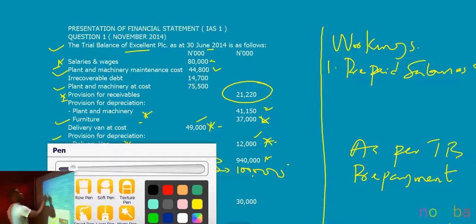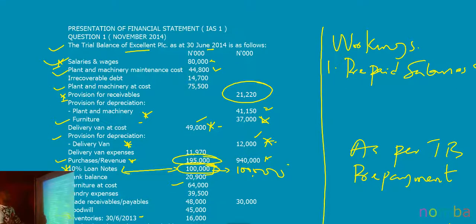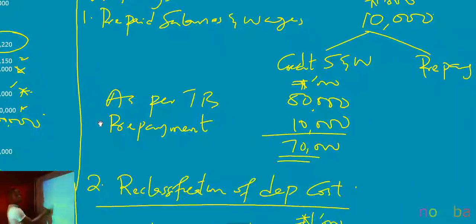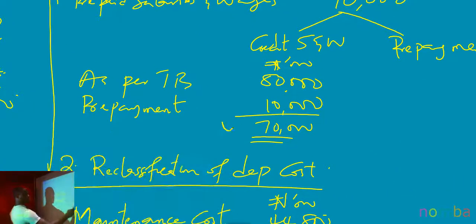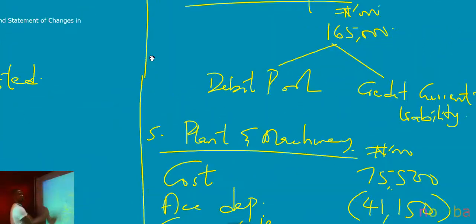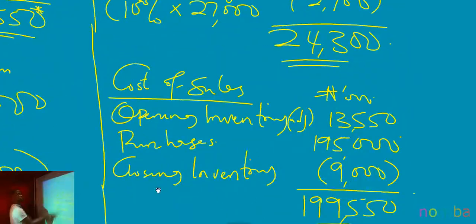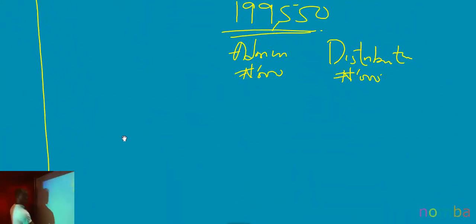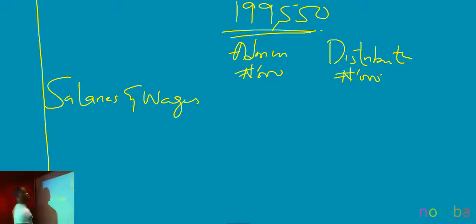Okay. The first item here is salaries and wages. And salaries and wages, we already worked it out. And we got the salaries and wages here as 70,000. It's going to be admin, and it's 70,000.